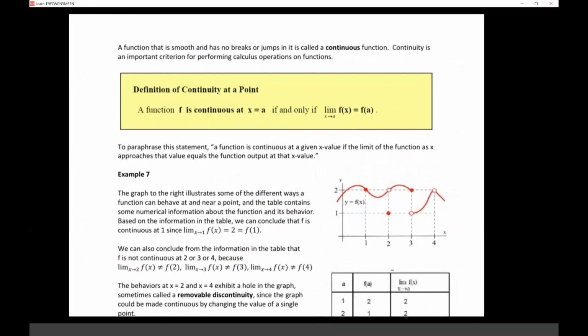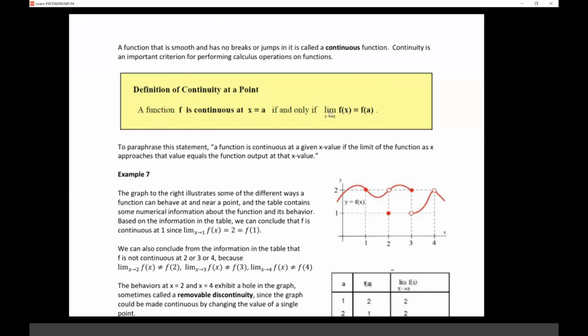Think of the informal definition: if you were trying to draw this on a piece of paper, you can draw it without lifting your pencil. That's a continuous function. So here's the mathy definition. A function is continuous at a given x value if and only if the limit equals the function value.